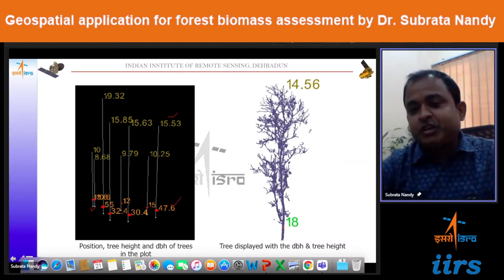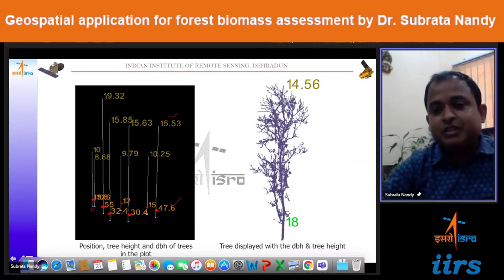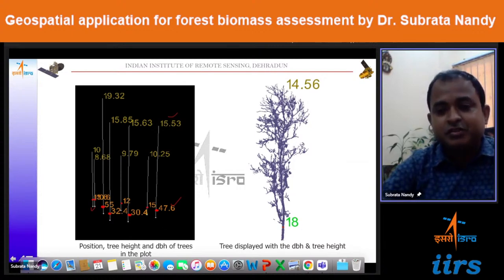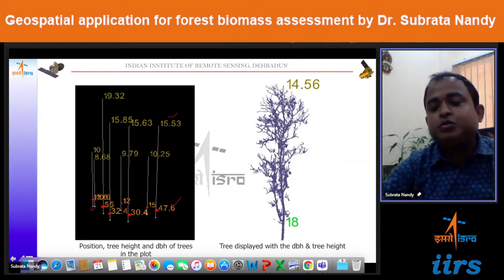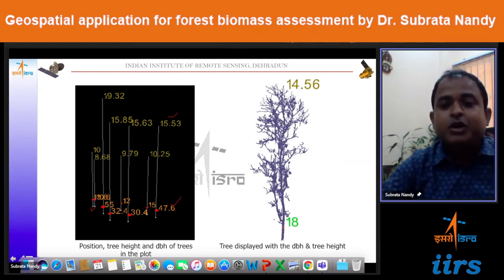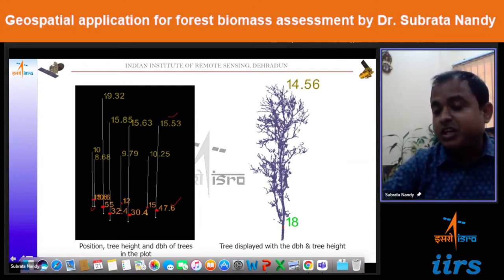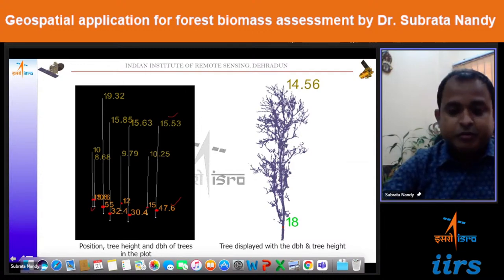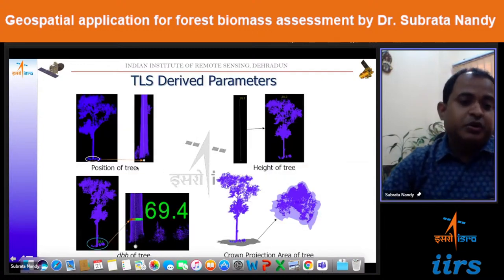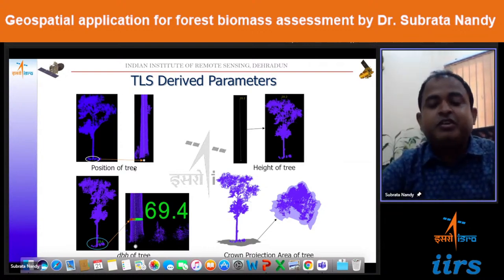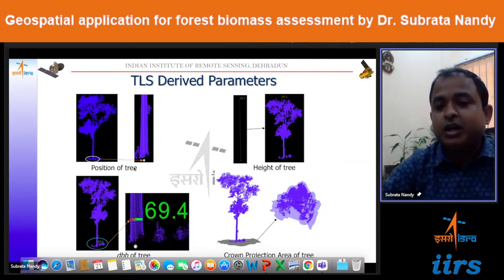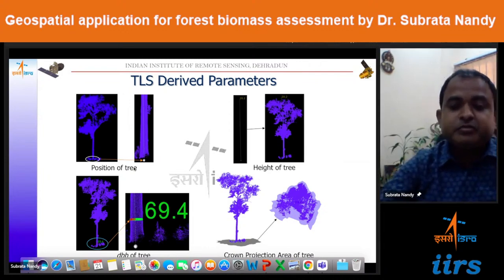This is a teak tree, almost leafless, so you can see the skeleton structure of the tree and count the number of branches. You can do measurement at any point of time without cutting the tree, and still get detailed information about the tree. So basically what we get is the position, diameter and height of a tree, and the canopy projection area is also derived.